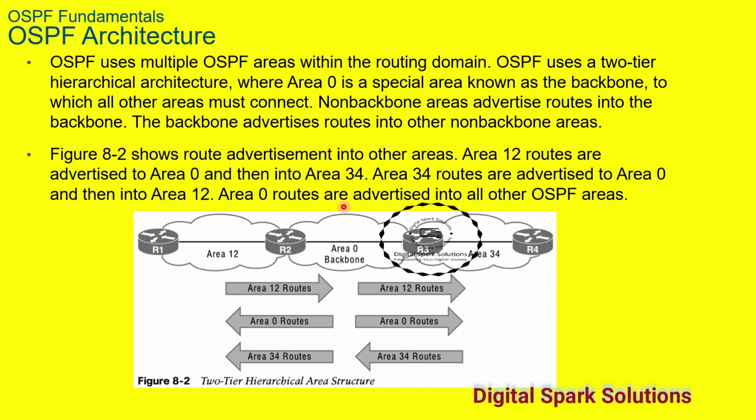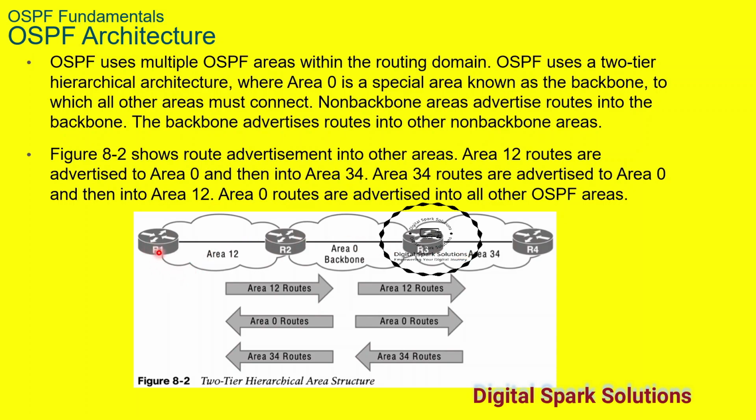We have a diagram here. This is area 0. You see we can define a single interface of a router into a specific area and another interface of the router into another area. So here the R1 and R2 interconnection is in area 12, and the link between R2 and R3 is area 0, and the link between R3 and R4 is in area 34.